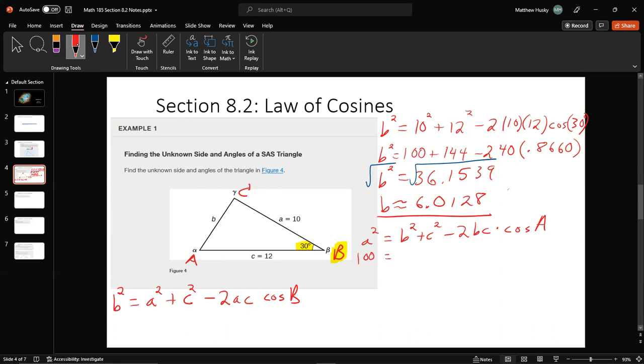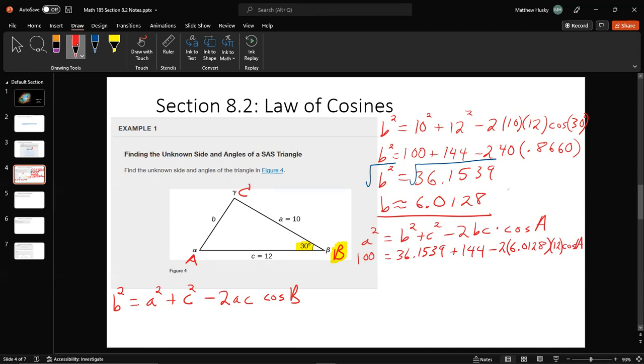B squared, that's going to be this up here, 36.1539. C squared is 144. Minus 2 times B, which is 6.0128, times C, which was 12. And then cosine of A.